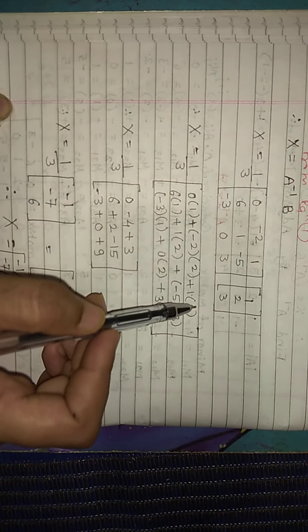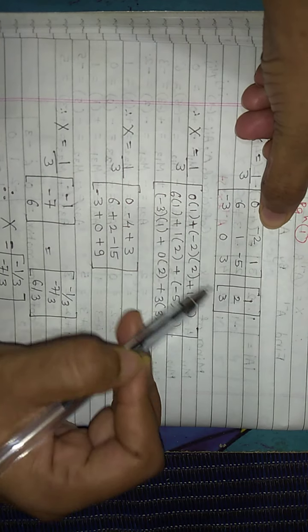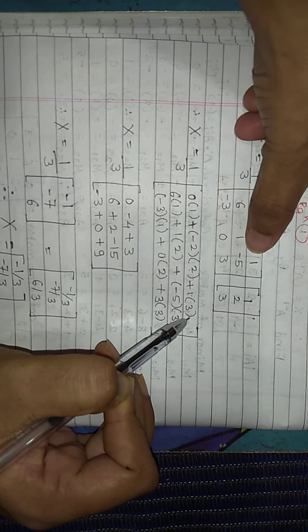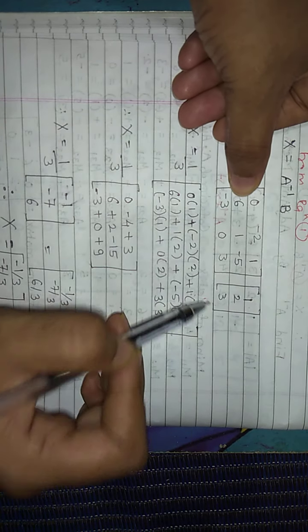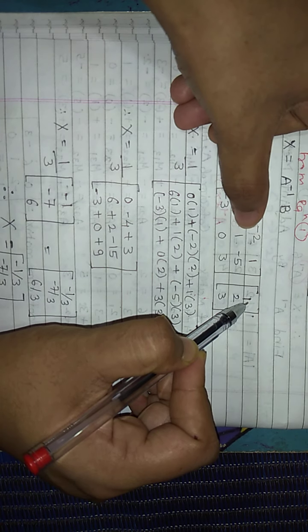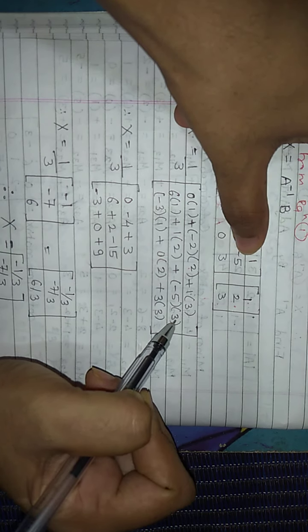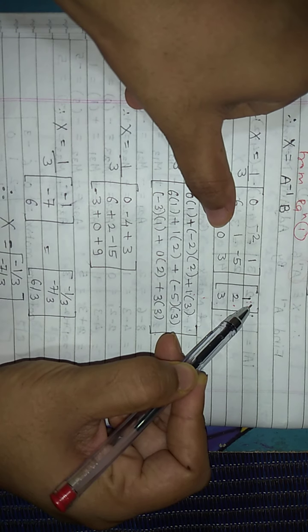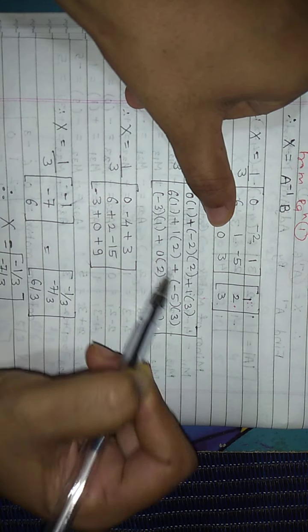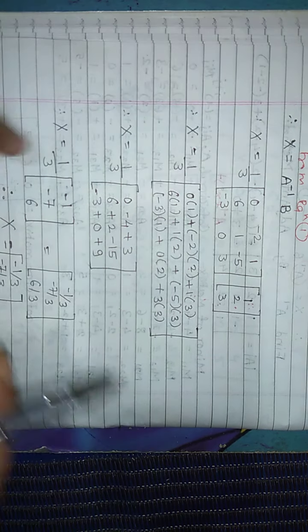First row we multiply with the column: 0 into 1, minus 2 into 2, 1 into 3. That is first row, first column. Now second row we multiply with the column: 6 into 1, 1 into 2, minus 5 into 3. Third row with the column: minus 3 into 1, 0 into 2, and 3 into 3.